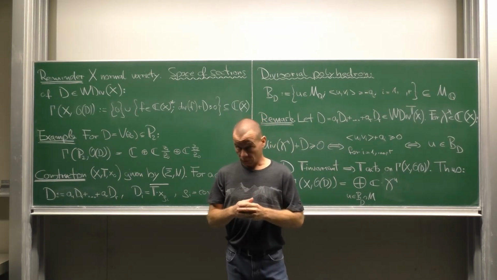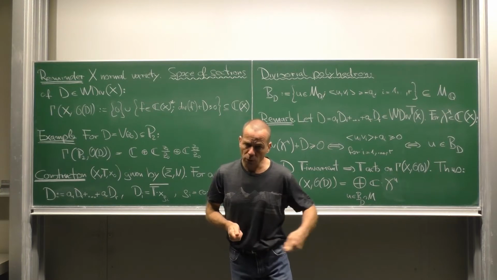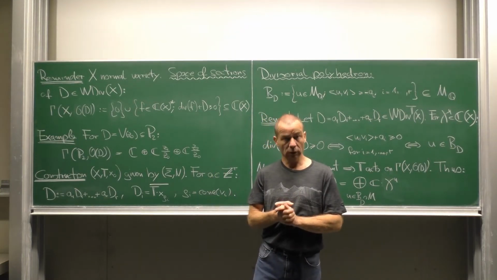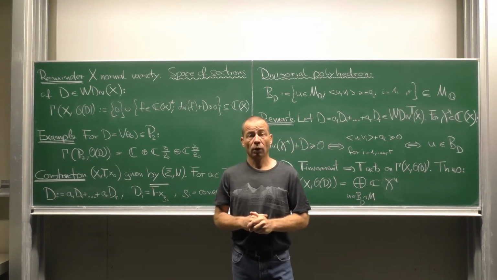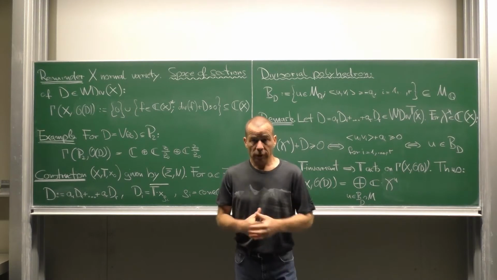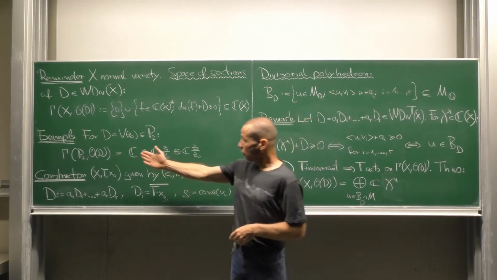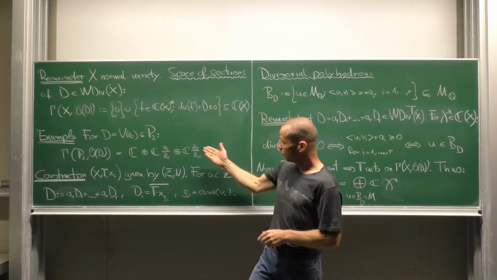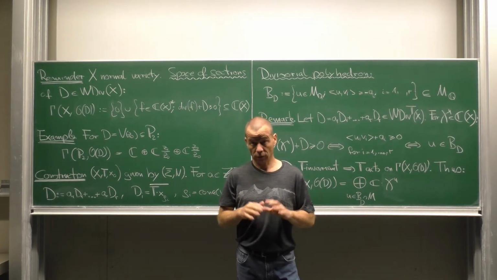Then a section of D is a rational function having a pole of order at most 1 along D and being regular anywhere else. This leaves us with the linear combinations of the constant function, Z1 over Z0, and Z2 over Z0 as the sections of D.